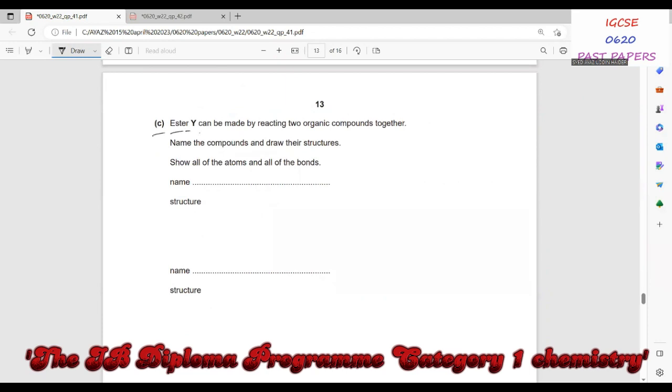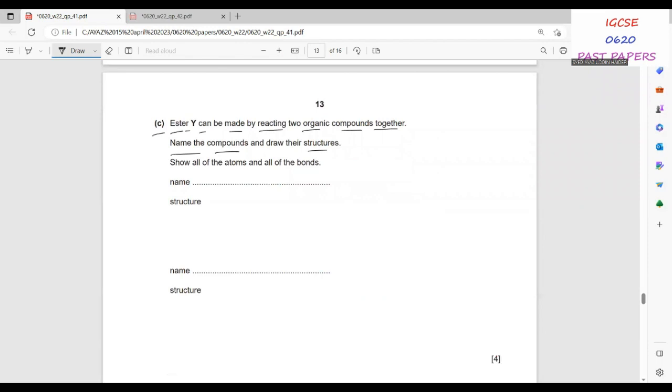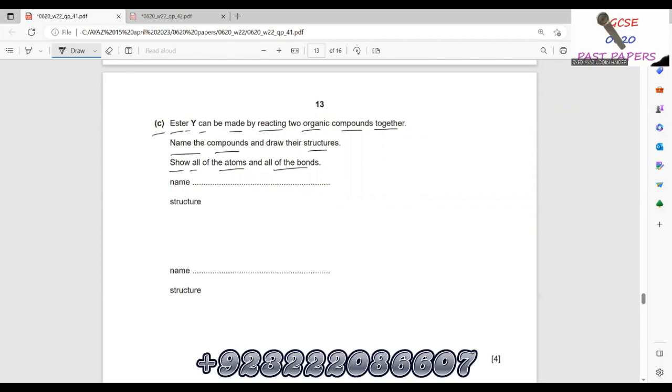C. Ester Y can be made by reacting 2 organic compounds together. Name the compounds and draw their structures. Show all of the atoms and all of the bonds. So you'll have methyl coming from methanol.